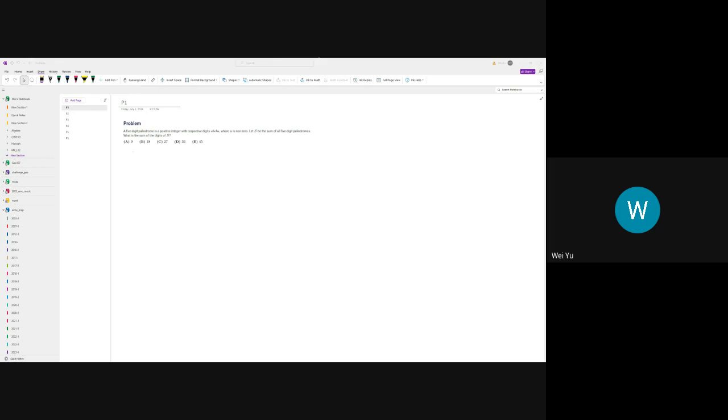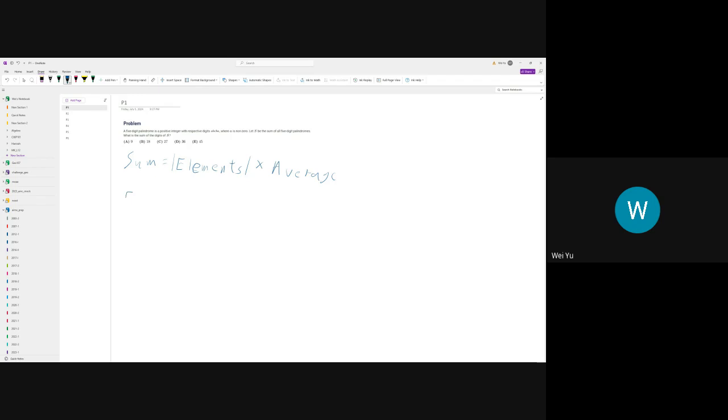So we know that the sum of a set is equal to the number of elements times the average.